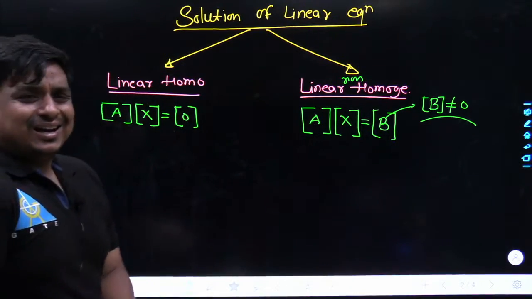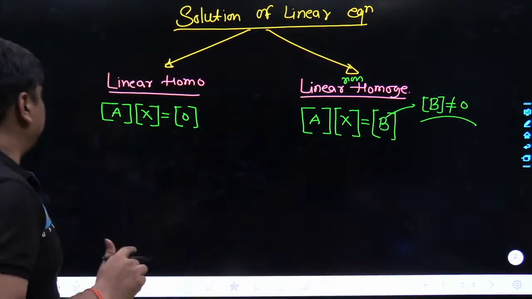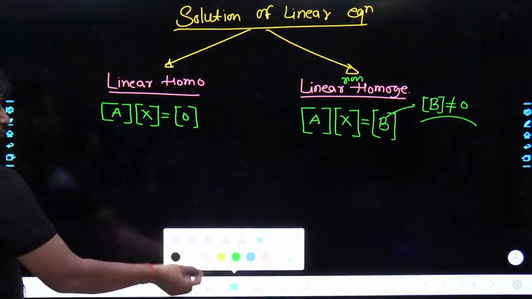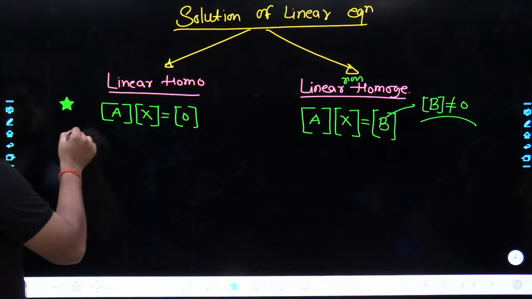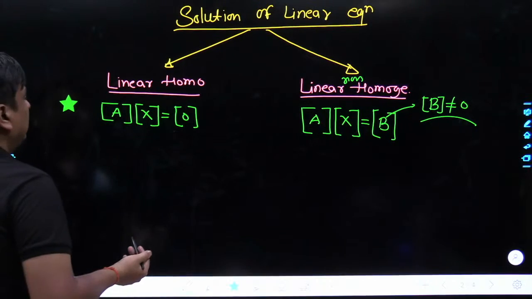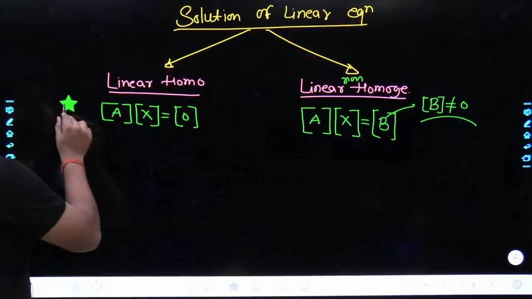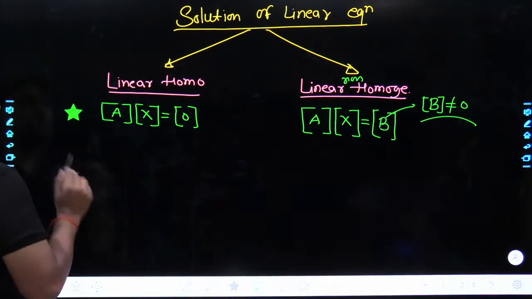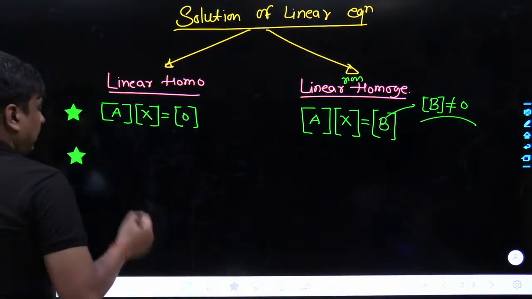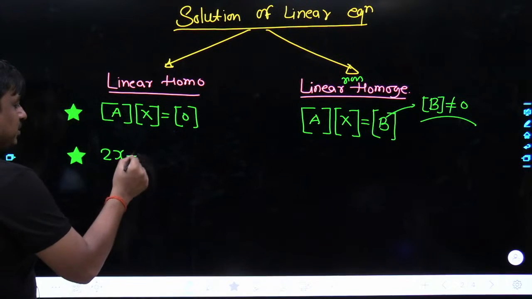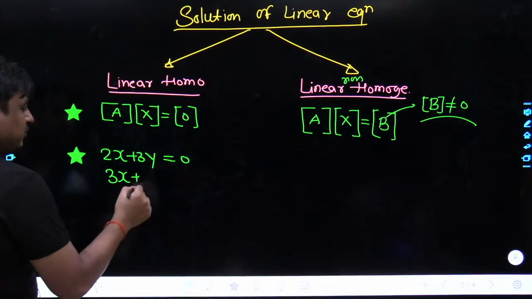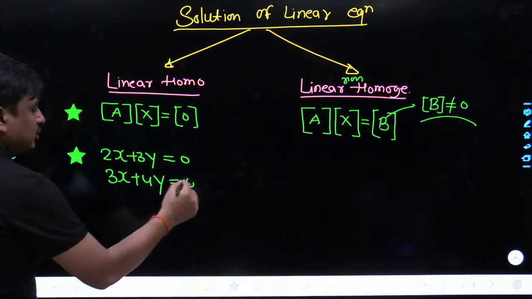By taking an example, at least we can visualize it in a better way. Let me take one example: 2x plus 3y equals 0, 3x plus 4y equals 0.